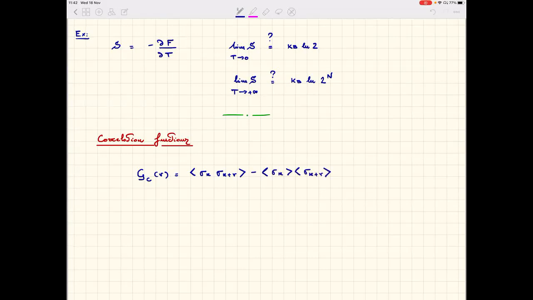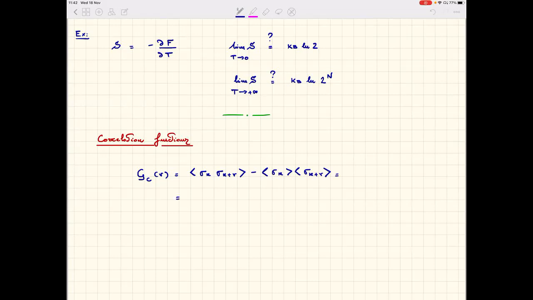So this is called a connected correlation function because you're subtracting the product of the averages. All correlations are essentially connected to true correlations that are developing among the spins.